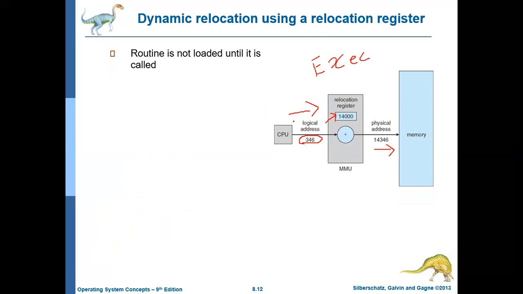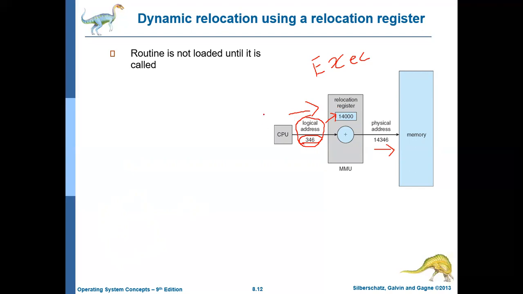So that is what we discussed. If the binding happens at execution time, then the logical address and the physical address will differ. But this will not be the case if the binding happens at compile time or load time. In that case, whether it is compile time binding or load time binding, you will know the starting address before compiling, or before loading.